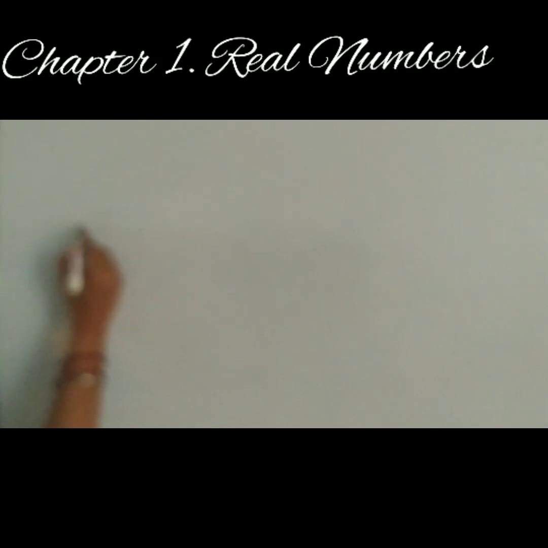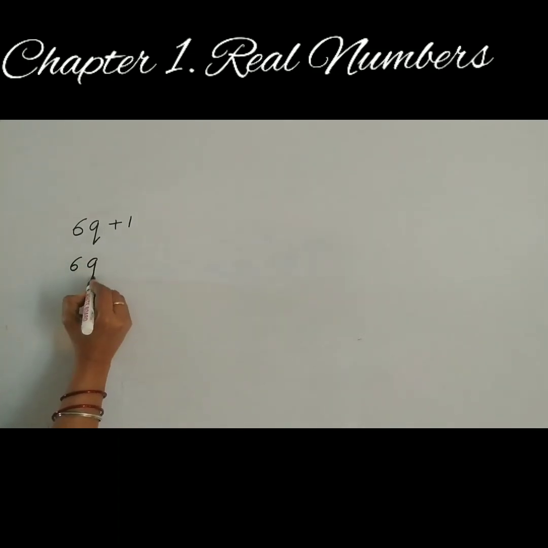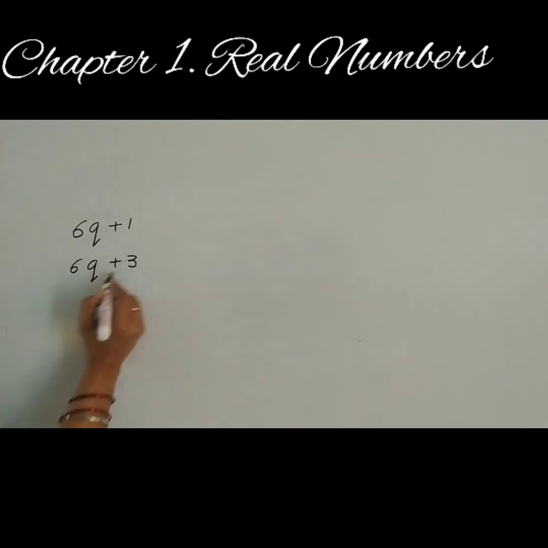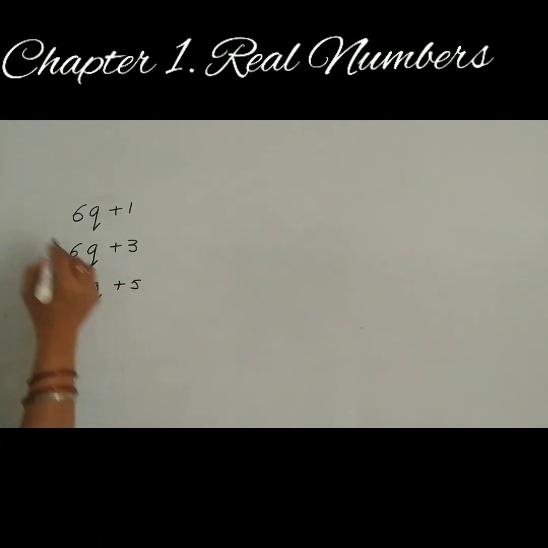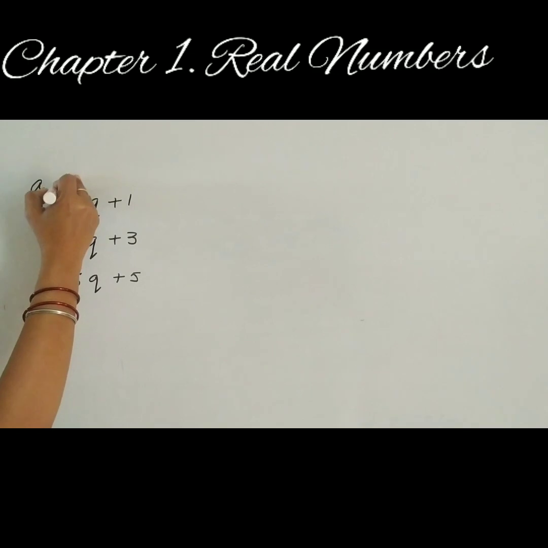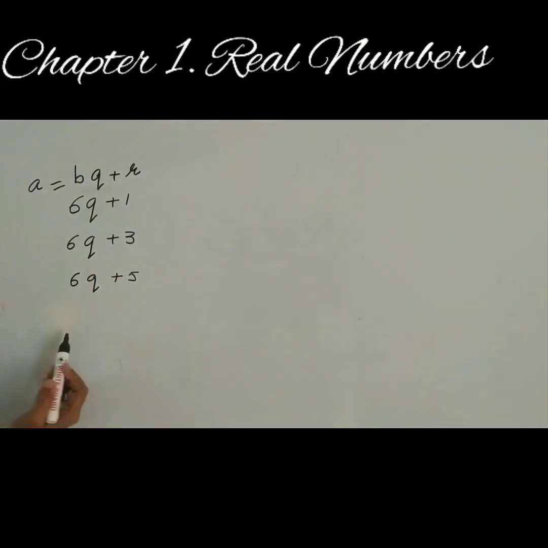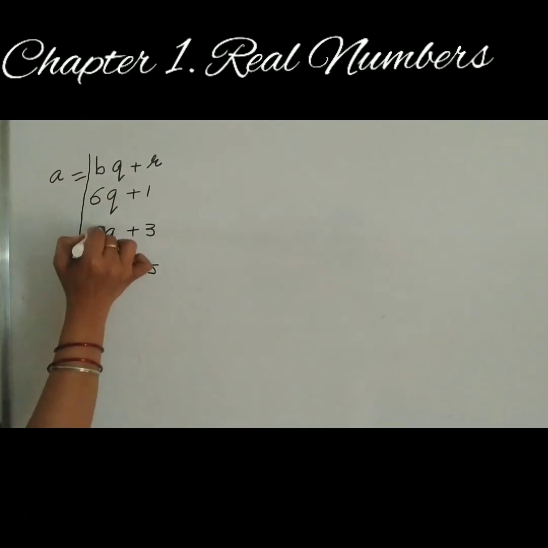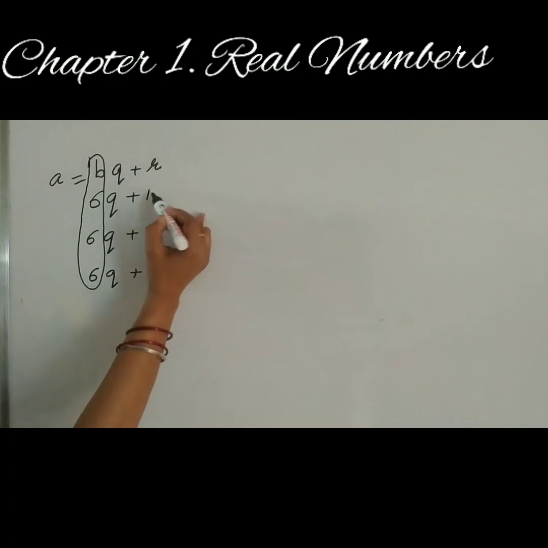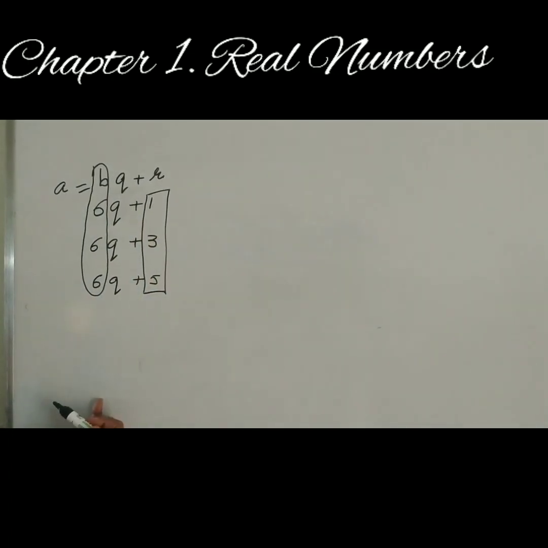That every odd integer is of the form 6q plus 1 or 6q plus 3 or 6q plus 5. If you compare it with a is equal to bq plus r, then you can easily observe that in place of b, 6 is written and the values of r are 1, 3 or 5.